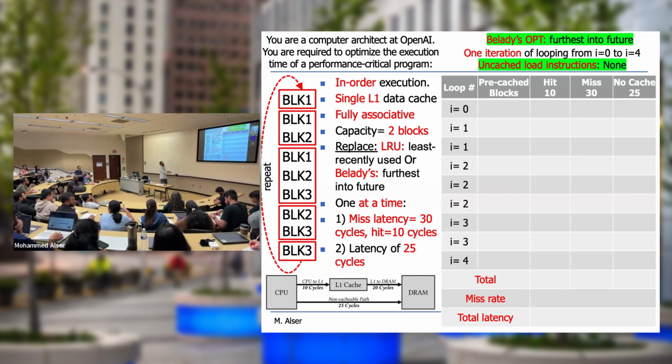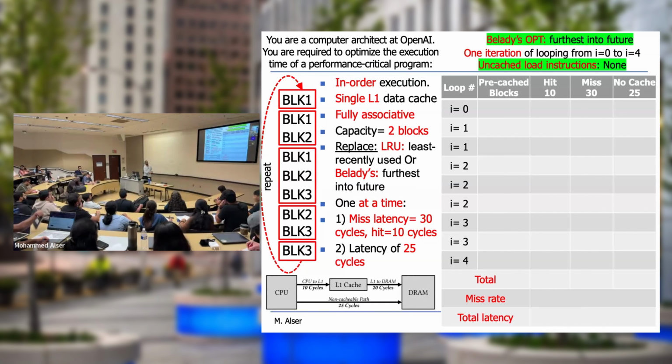Cache is empty, so it's a miss, right? Because it's not there. Now I'm going to request block 1 again. Block 1 already exists in the cache because I just requested it. No replacement happening. So it should be hit or miss? Hit, right?